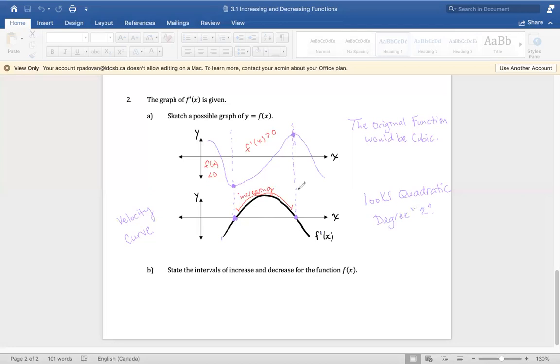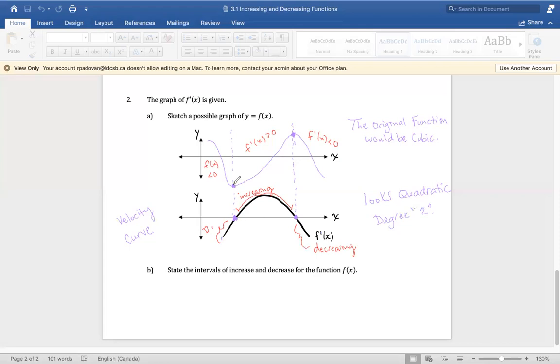I have positive first derivatives. And then for this section of the graph, again, my derivative is less than 0. So in this section here, I was decreasing. In this section, same thing, I'm decreasing. And then in this section, I'm increasing.